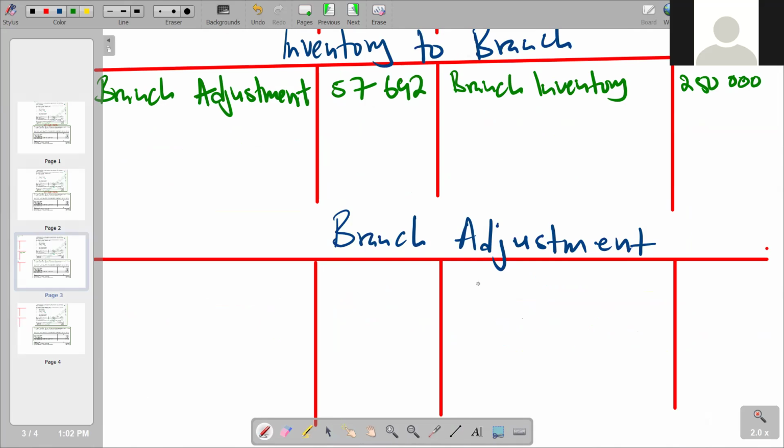And remember, this is inventory to branch, we have 57,692. So you see that we have completed the two double entries on that movement.